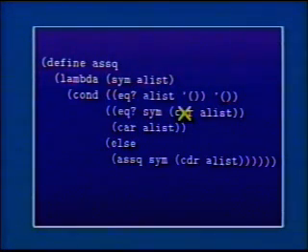Right there. Okay? And in any case, if the symbol is the caar of the alist, then I want the first pair in the alist. So in other words, this is the key matching the right entry. Otherwise, I want to look up that symbol in the rest.